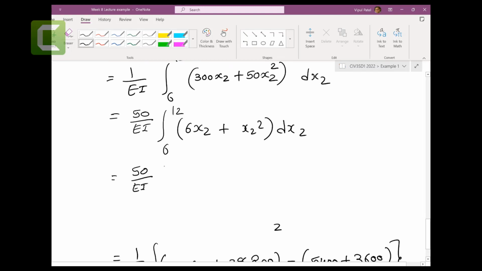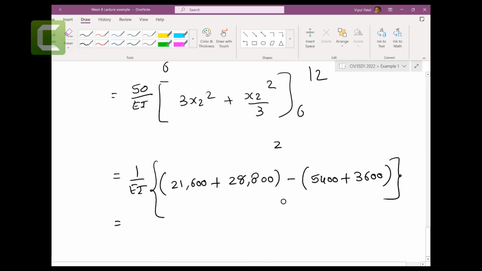So 50 over EI, 6x2 square on 2, which is 3x2 square, plus x2 cubed on 3, from 6 to 12.